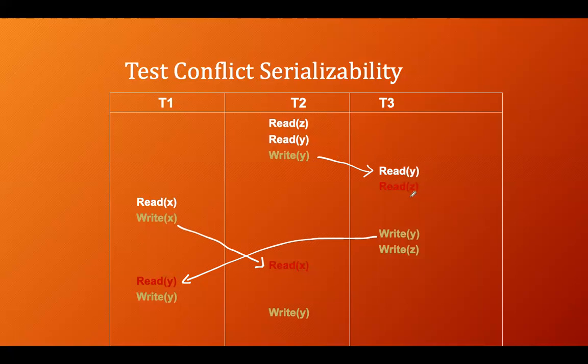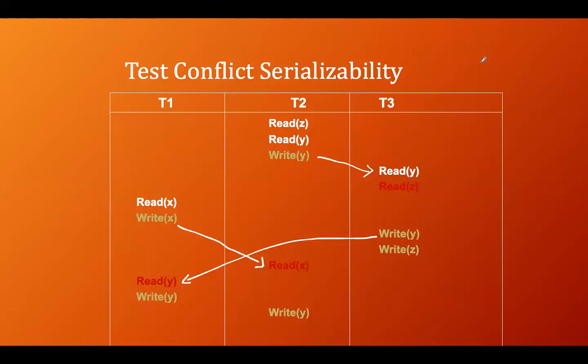Read on Z, then we have read X, then write X. Then we have write Y, write on Z. Then we have read on X, which is a conflict. Then we have read on Y, which is a conflict from this, right? Then write on Y, and then we have write on Y.